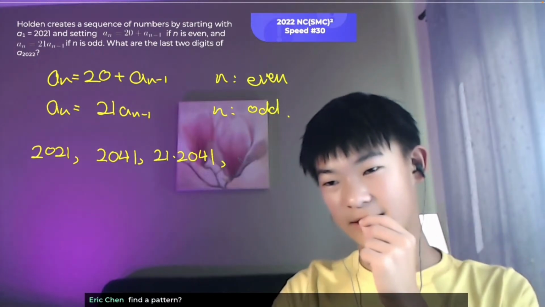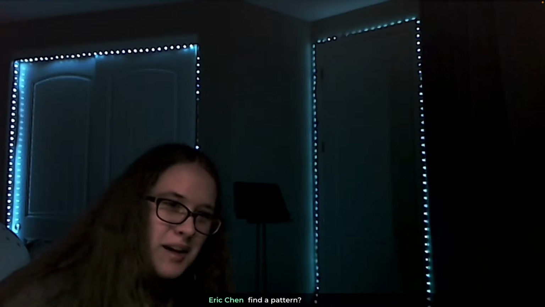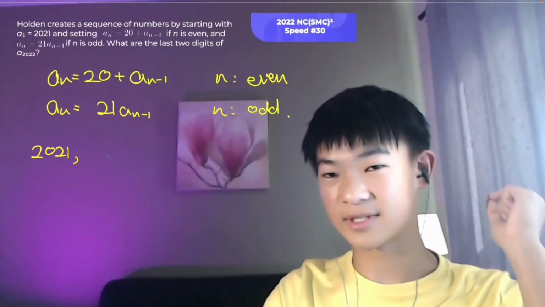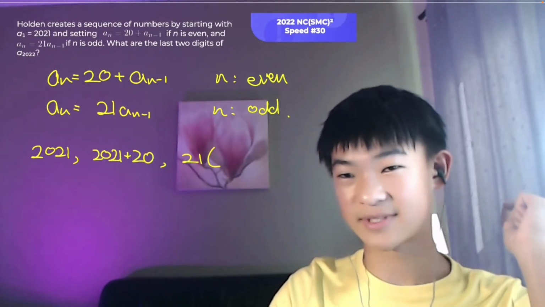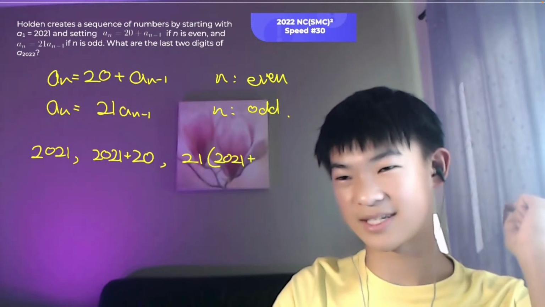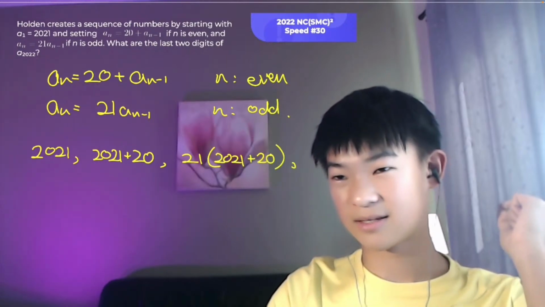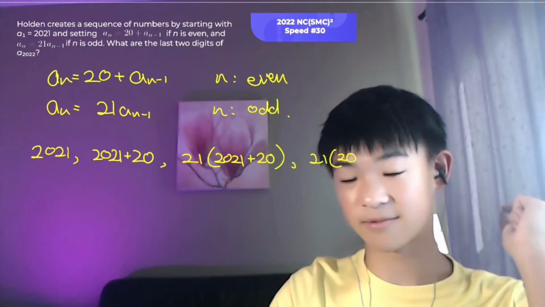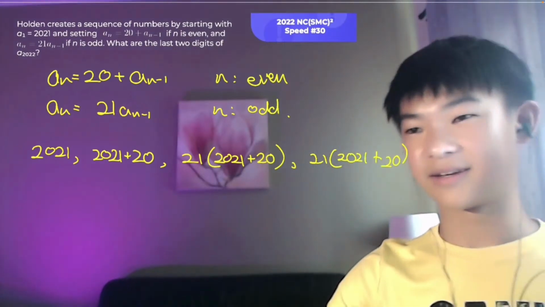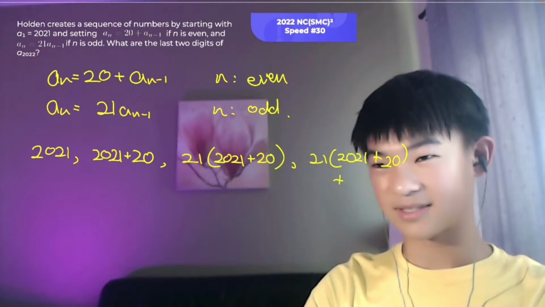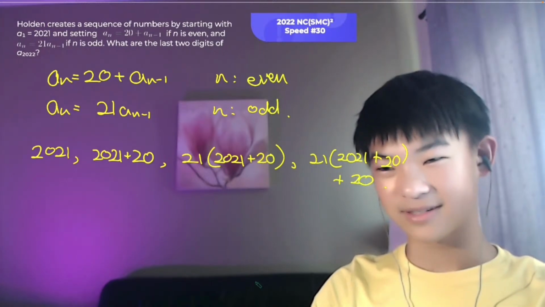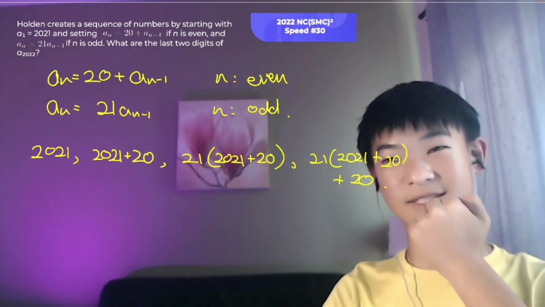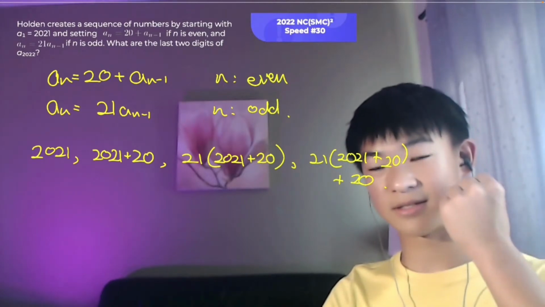These are going to get to be gnarly numbers. I'll write it without evaluating. So this will be 2021 plus 20. And then we'll have 21 times 2021 plus 20. And then 21 times 2021 plus 20. And then plus 20.